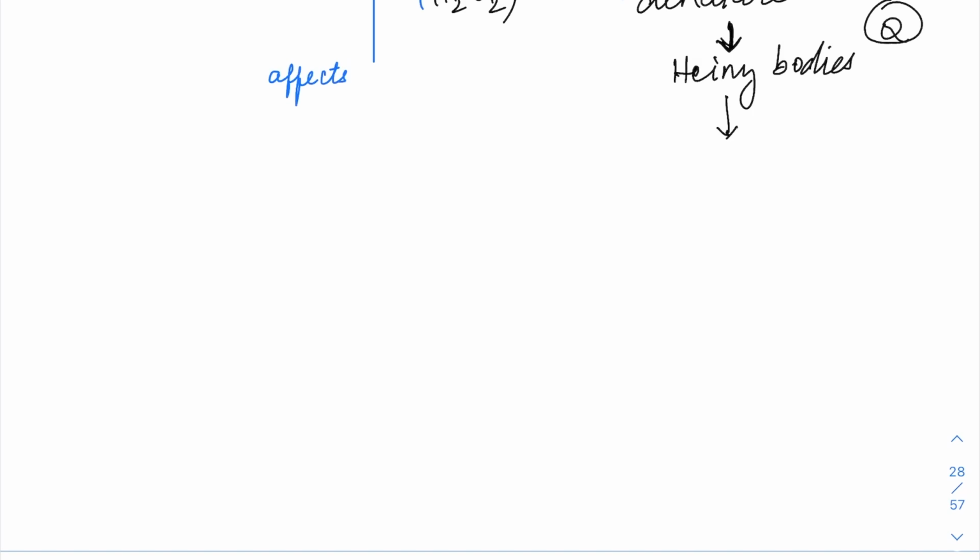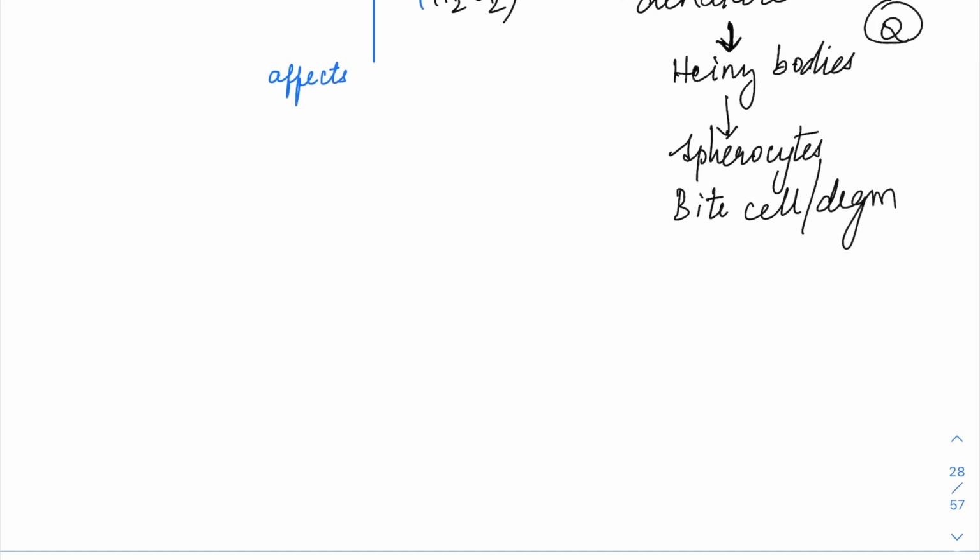There is something inside the RBC, so it is not quite deformable. So it is going to form spherocytes again, and the part which contains the Heinz body will be eaten up by the splenic macrophages. So it is going to appear as if a bite has been taken, and these cells are called bite cells or degmacytes. Suppose this was the RBC and there was this Heinz body, the macrophage would have eaten up this part and it is going to appear like this, a bite cell or a degmacyte.